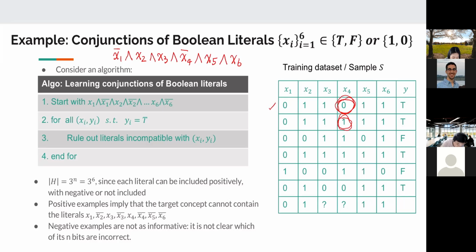So what should we do here for the second example? Yes, you're ruling out x4 again.